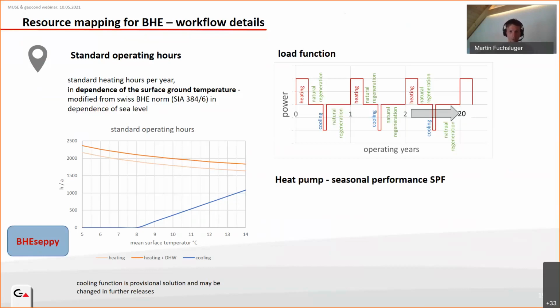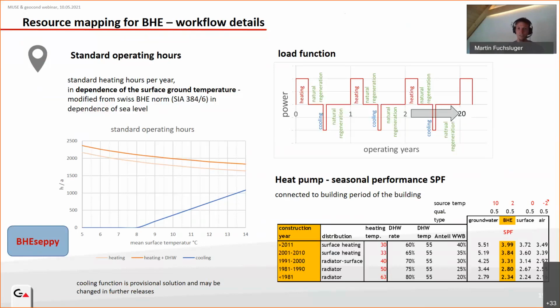Yes, and at the end, we also have to know or estimate the seasonal performance factor. From the building data, we don't have information about the heating distribution system.